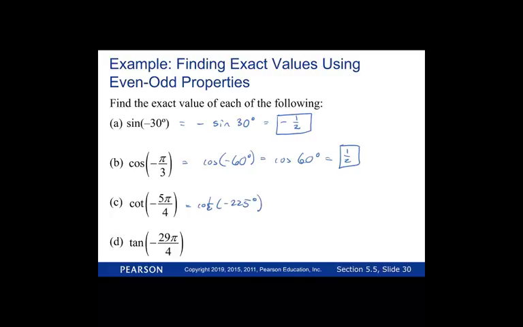Cotan is odd, so this should be the same as negative cotan of 225 degrees. 225 is quadrant 3, so that should be positive. It's 45, so that should be a negative 1. I think that's the result there. We're going to check it in just a moment.